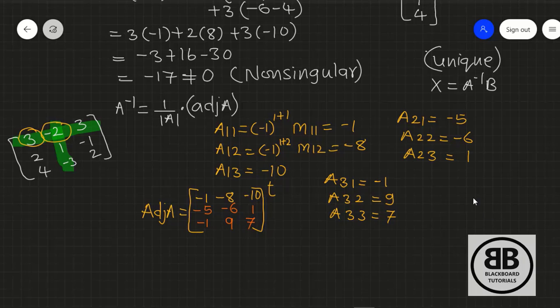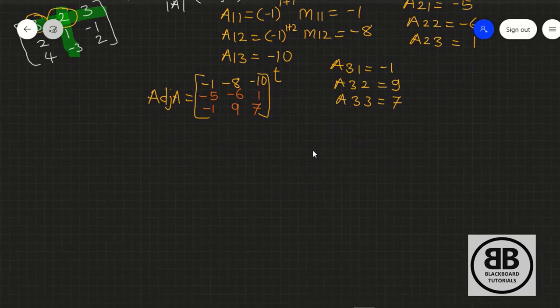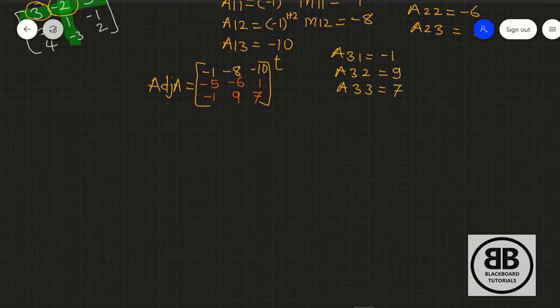Now take transpose of this cofactor matrix. The transpose of cofactor matrix will give us adjoint, and this adjoint is given by adjoint of A is equal to, what is transpose of the given matrix?